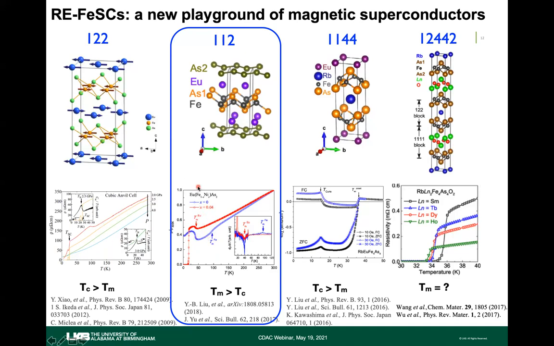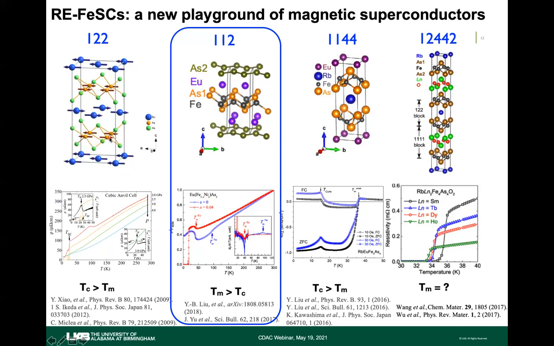And so in this system, the parent compound is not superconducting, but if you just dope by 4% of nickel, it becomes a superconductor at lower temperature. So in this case, there is coexistence of the magnetic order from europium and then superconductivity at lower temperature.